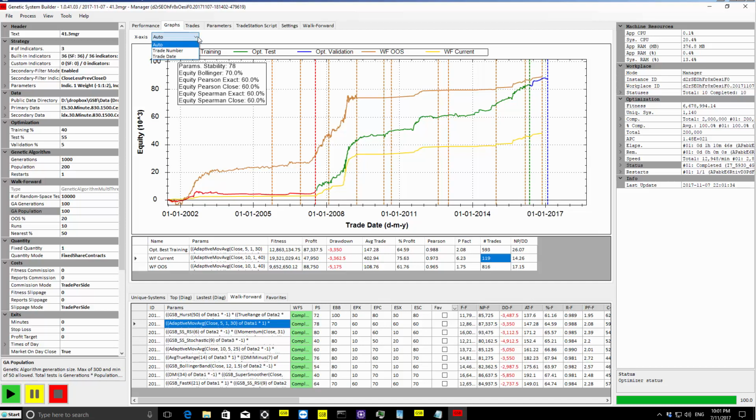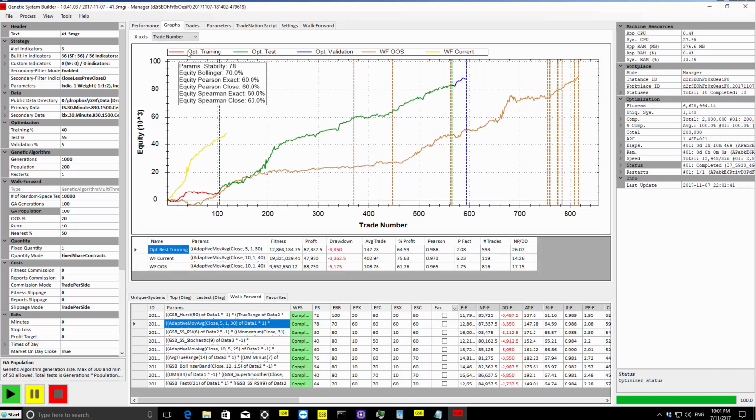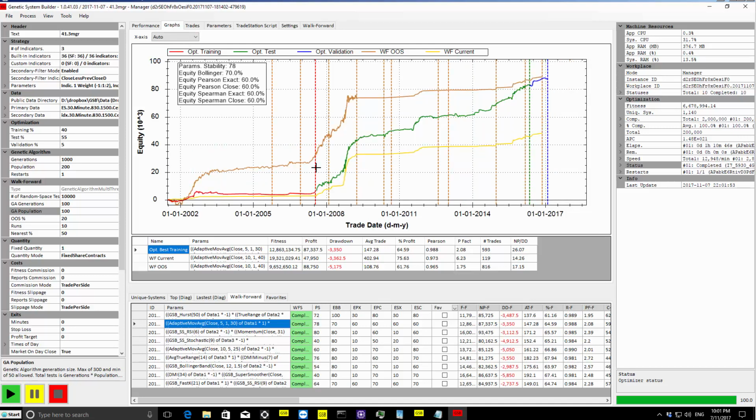So this will become very apparent when we change the x-axis from date to trade number, and we can see a massive difference in the amount of trades. Now there's a whole host of issues here, and because of that I'm not going to say this is a fail, but I'm going to say this is one that I'm simply not going to look at, and we'll just go on to the next one.